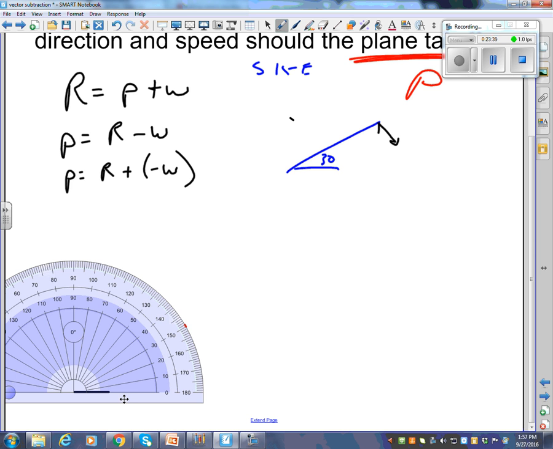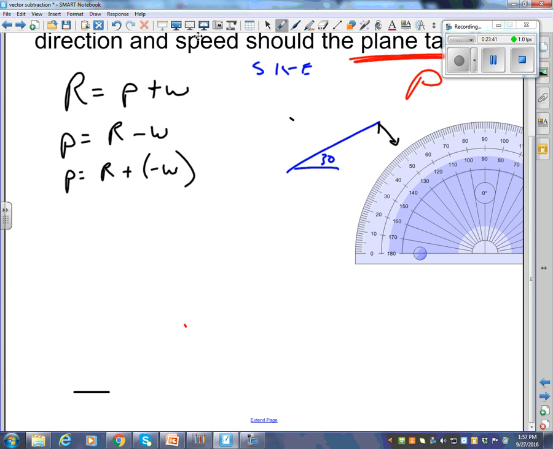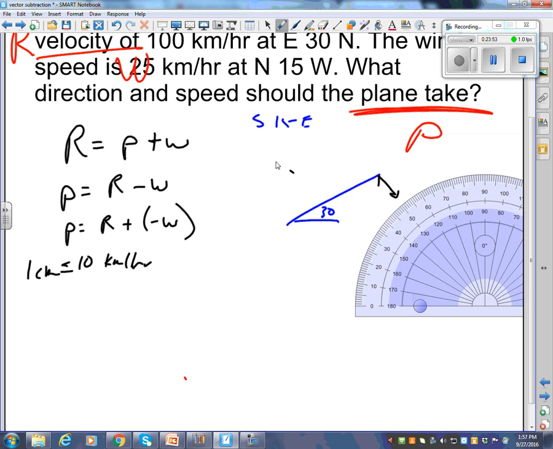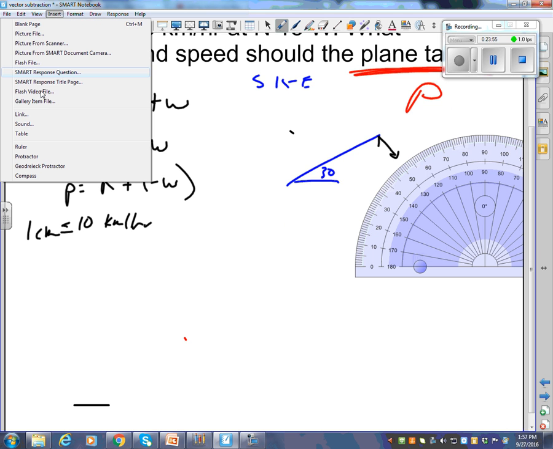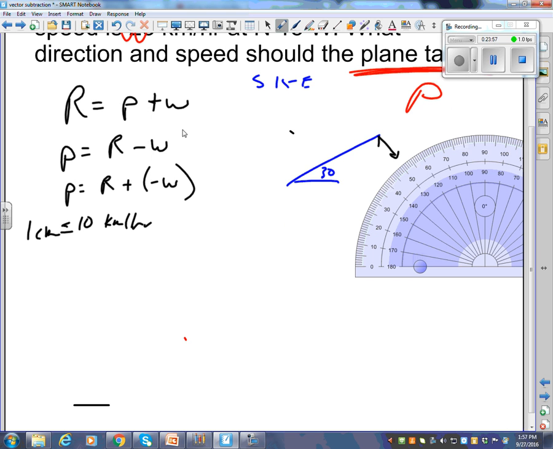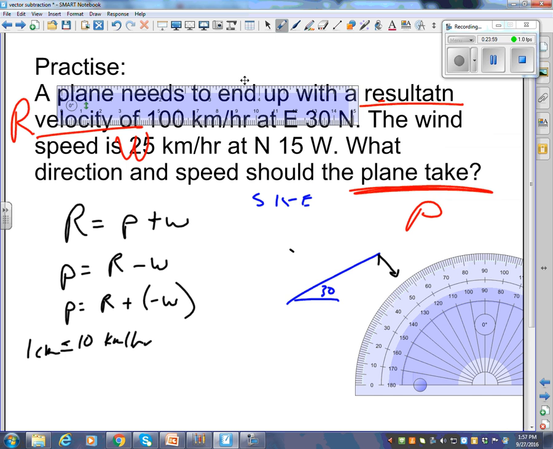Kayla, you watching? Okay, watch close. Now, I haven't come up with a scale yet, have I? So 1 centimeter equals, Adam, what did you have? 10 kilometers per hour. So this is 100. So I'm going to have a ruler that's going to be how long? 10 centimeters.